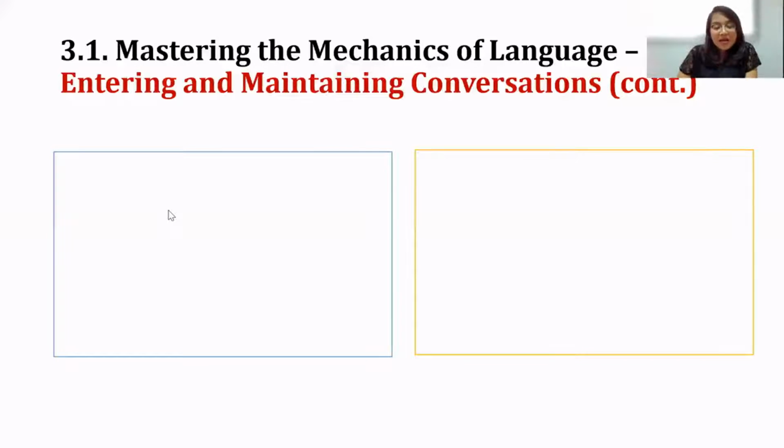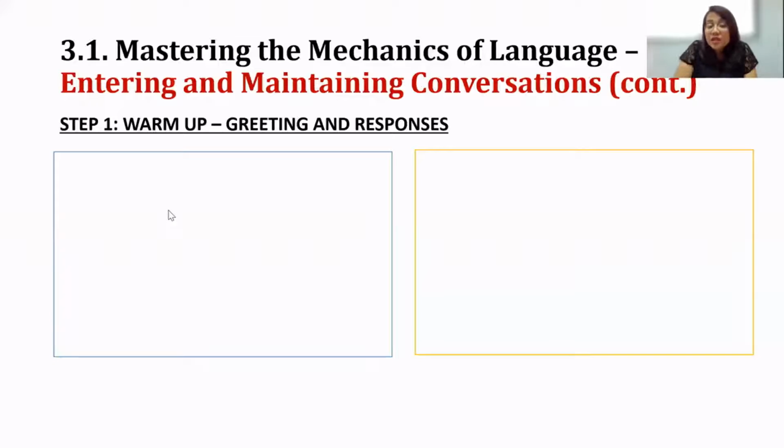All right, now that you have your list of greetings and responses, expressions that you can use for starting a conversation in a small talk, please keep it, and later compare it with what I write on this slide. So let's start with the first one: warm up, greeting, and responses.